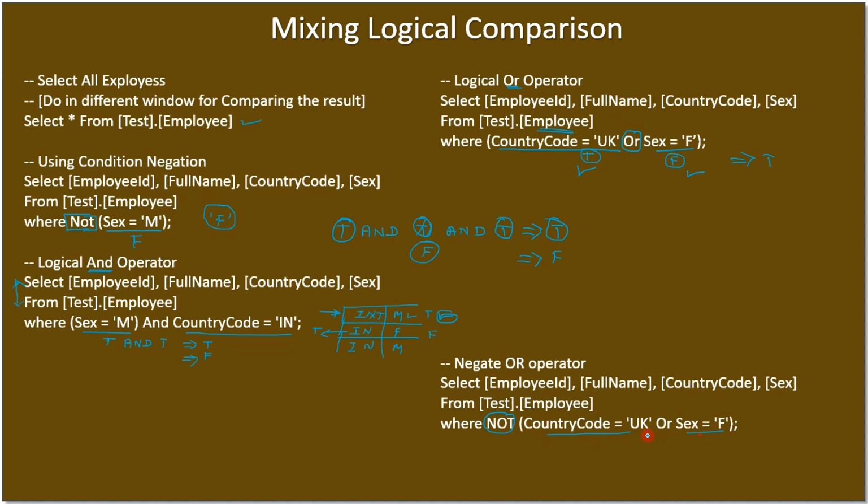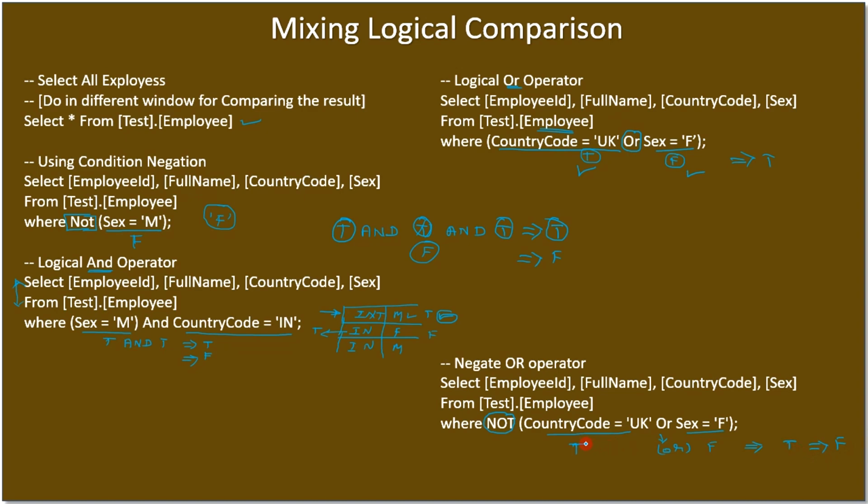Say for example, if any one condition satisfies, let's say the country code is UK and sex is male, so this will return false because we are checking female. When the operator is OR, if any one condition satisfies, the total outcome will be true. But here we are applying the negation. That means true goes as false, right?